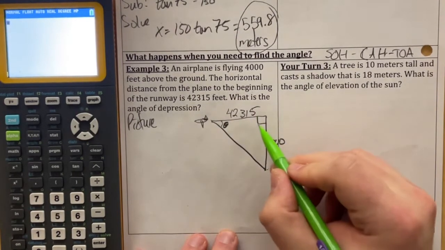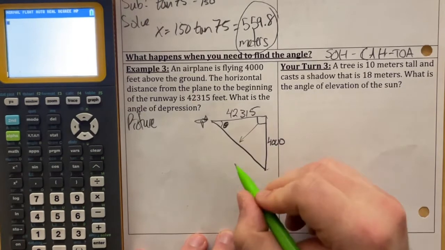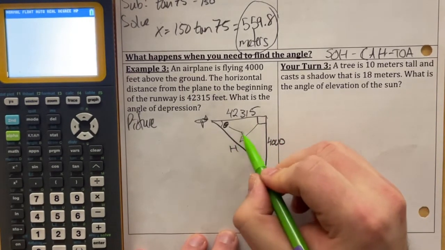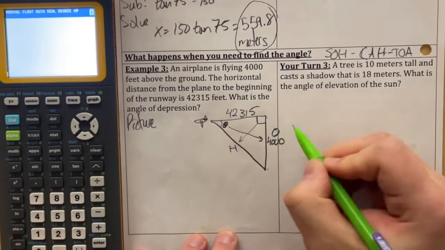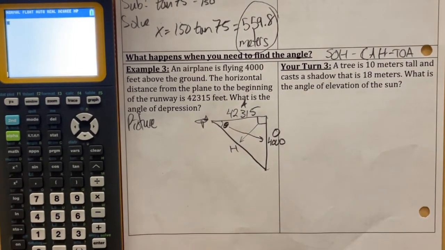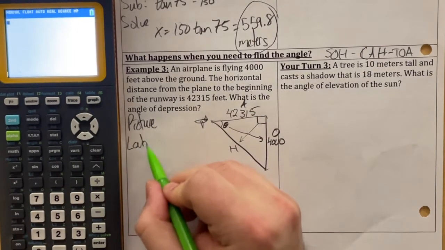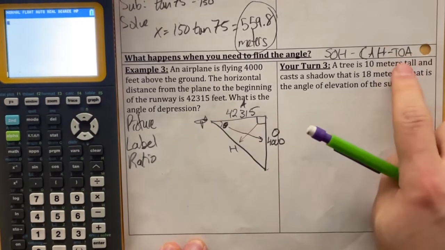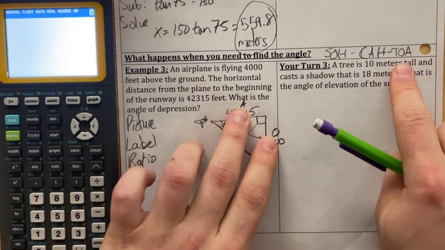So when I go to label, the side opposite of the right angle is the hypotenuse, the side opposite of the angle theta is the side opposite, and that means that this 42,315 is the adjacent side. So I labeled my right triangle. I need to pick the ratio, and you guessed it, it's still going to be O and A, so it's going to be tangent.